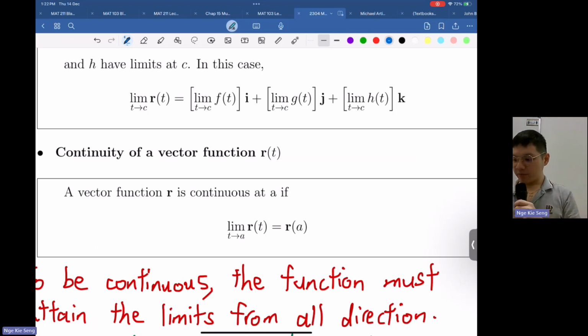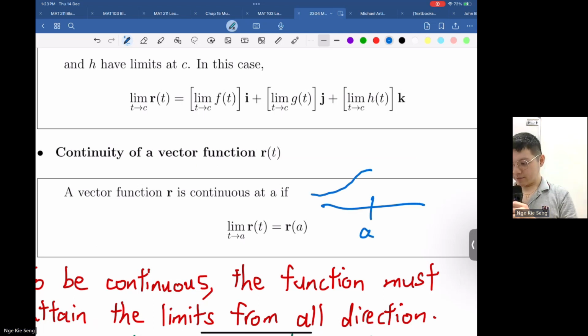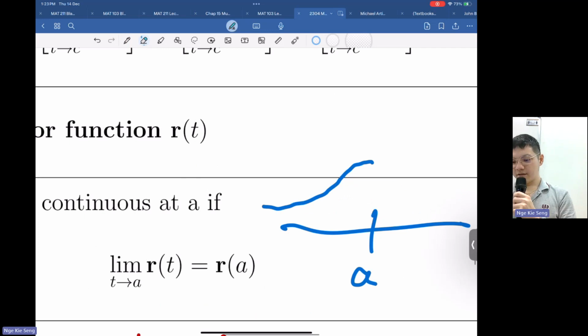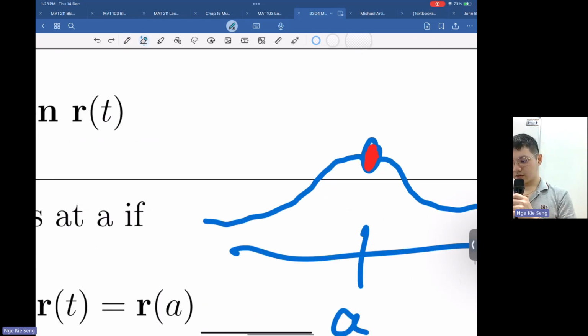Okay, so you have to always remember this picture. Let's say this point is A, so your function behaves like this on the other side. So the limit is going to this dot here. Then you need to make sure that your function really takes this dot. Only then is this function continuous. If you don't have this dot in your function, then it is not continuous.